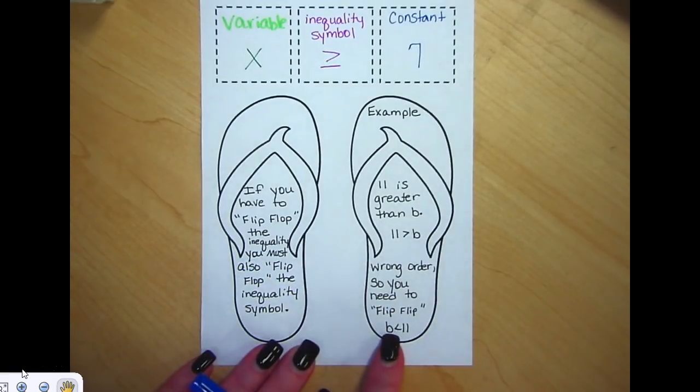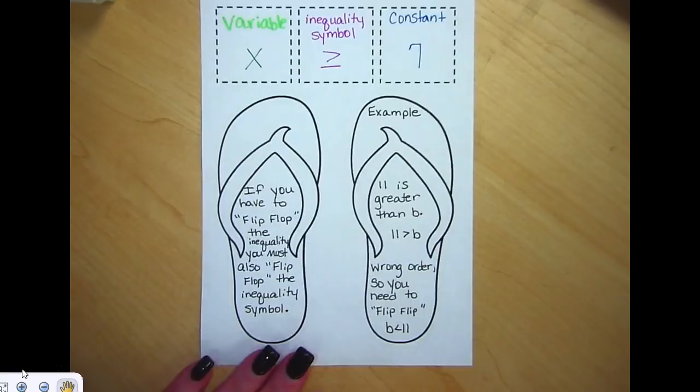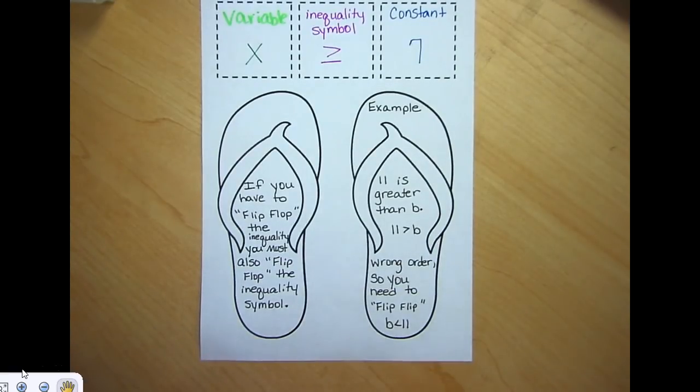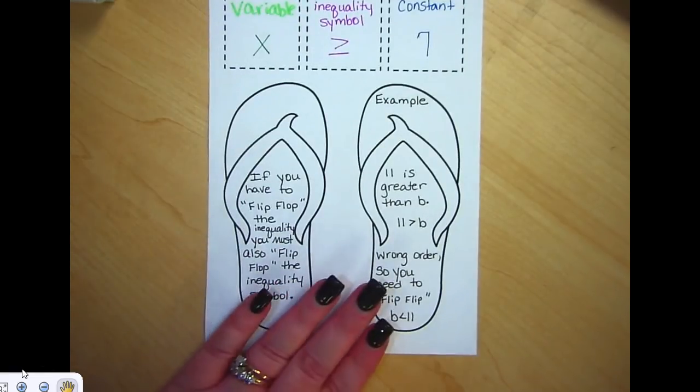When you move it and flip it this way, it still has to point to the b. This matters. You have to pay close attention to it. All right, any questions about what this says?